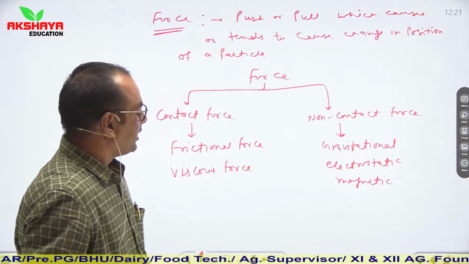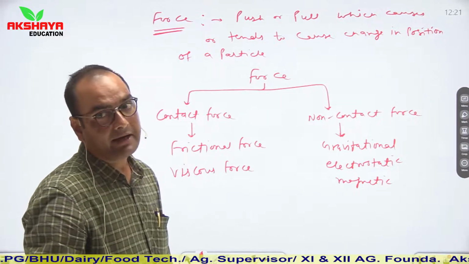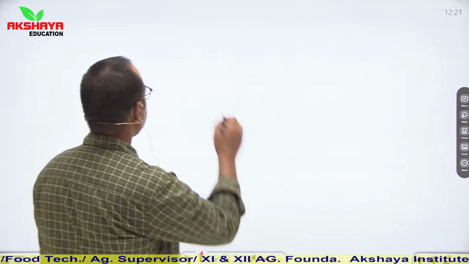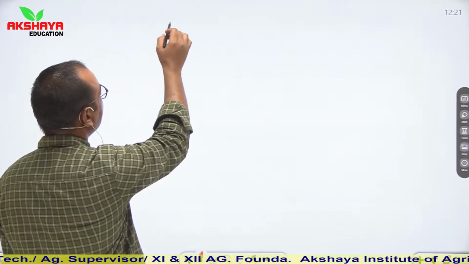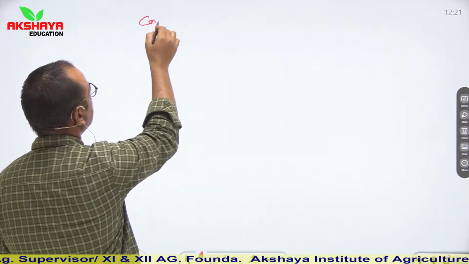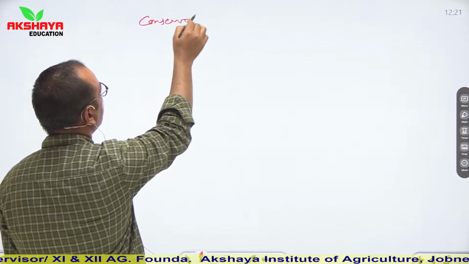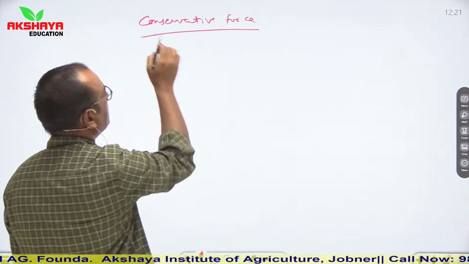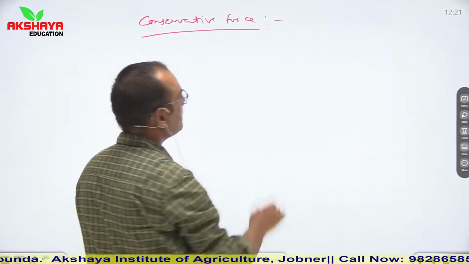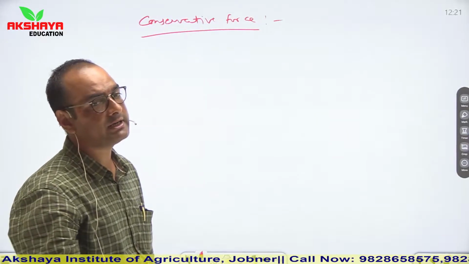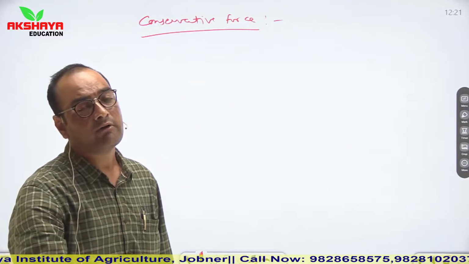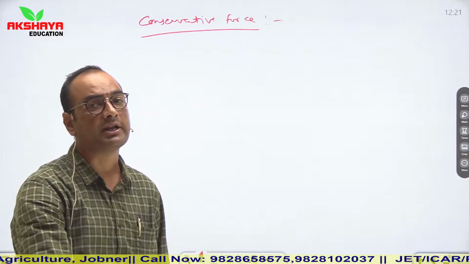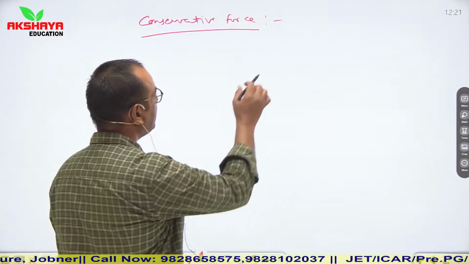Now see, if we talk about other different patterns of forces, then let us talk about conservative and non-conservative forces. So what are conservative forces? Conservative forces are simply those forces whose work done is independent of the path traveled.